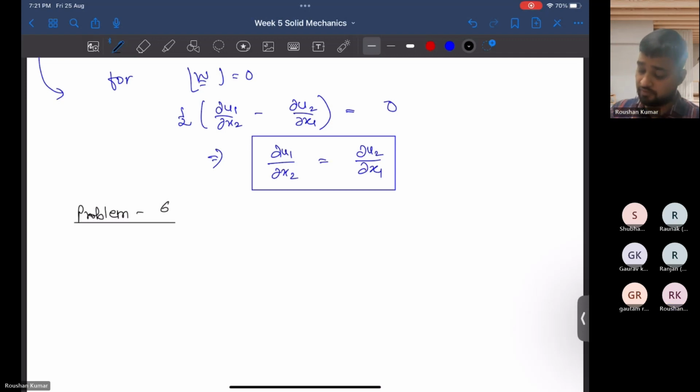So the problem is, given the following formula for strain components.